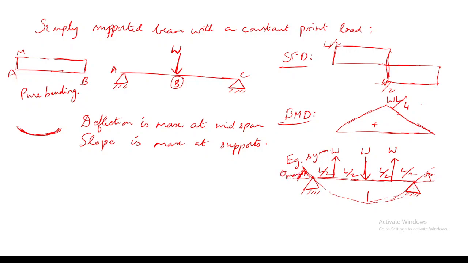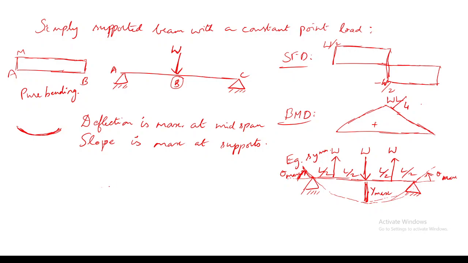Can anyone say the sign convention for slope? For clockwise, negative. Yes, so for clockwise it is negative and for anti-clockwise it is positive. So this is the case of symmetrical loading for a simply supported beam.